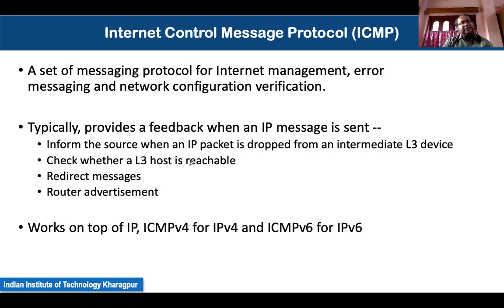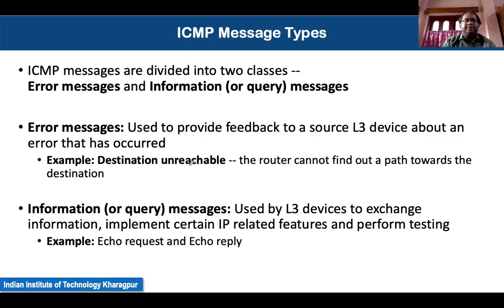ICMP works on top of IP. We have mentioned that there are two variants, IP version 4 and IP version 6. For IP version 4, we have ICMP version 4, and for IP version 6, we have ICMP version 6. ICMP broadly has two different types of messages: error messages and information or query messages. Error messages provide feedback to a source L3 device about an error that has occurred in the network.